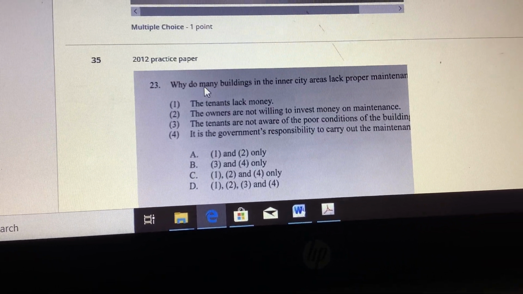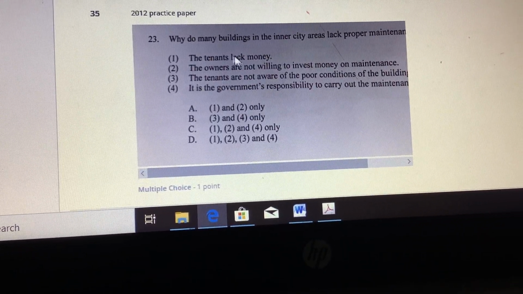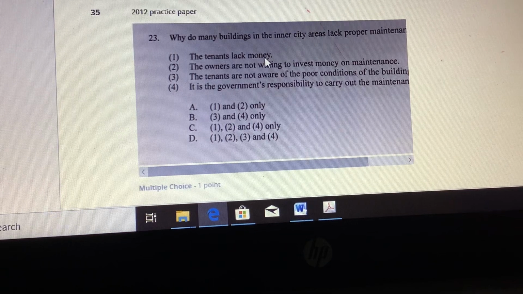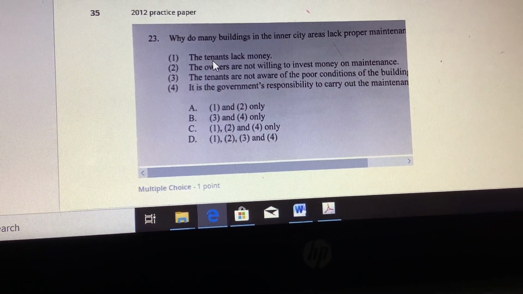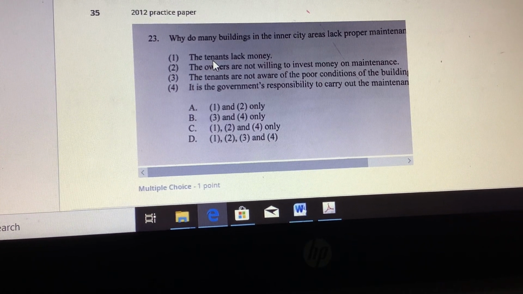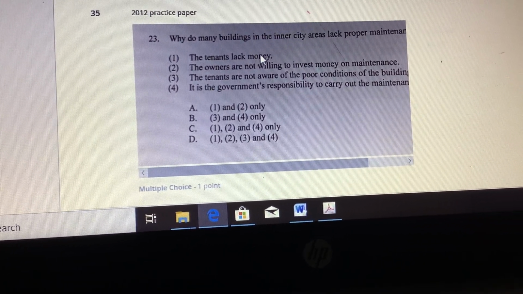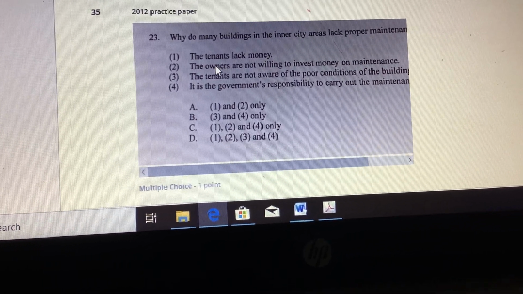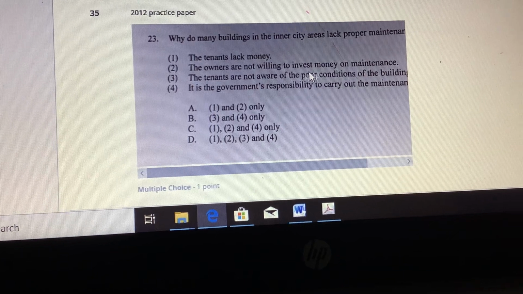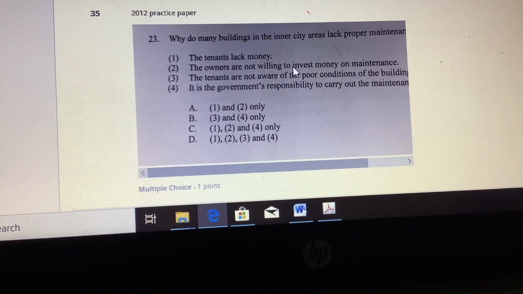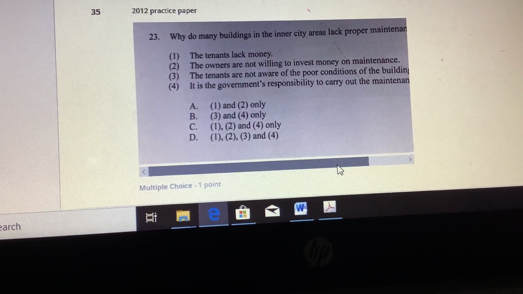C. Okay, why do many buildings in the inner city lack proper maintenance? Because the tenants lack money. This is true. You can find a lot of sub-divided housing, and the sub-divided housing is very cheap. If they are paying a very cheap rent, it means they have less money to repair their house. The owners are not willing to invest money in maintenance, just like the owners of sub-divided housing. The tenants are not aware of the poor condition of the building.